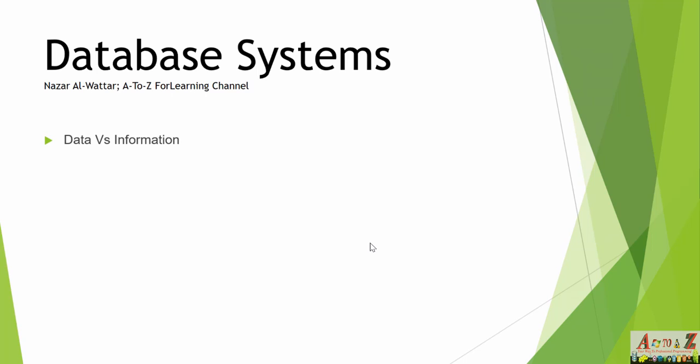Now we have learned about data and information. There is a new concept in databases, which is the context. Your data should be organized in a very correct context, and your data should have a context. The context is the name of your data.